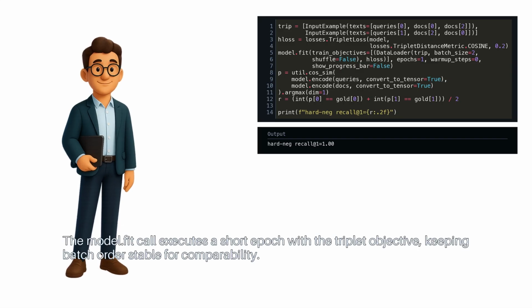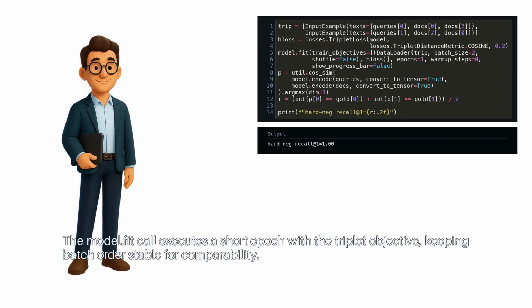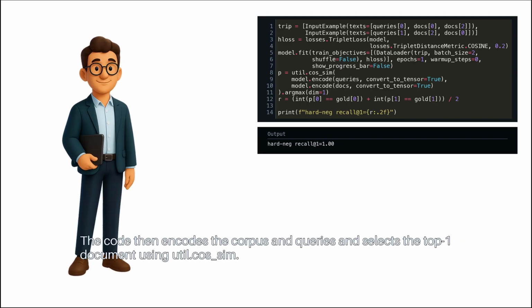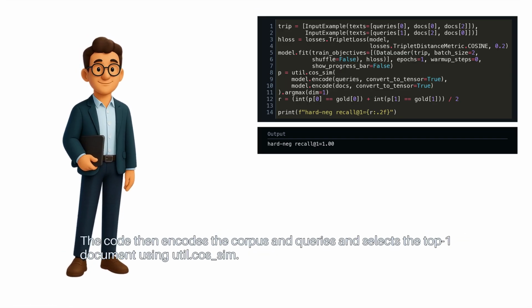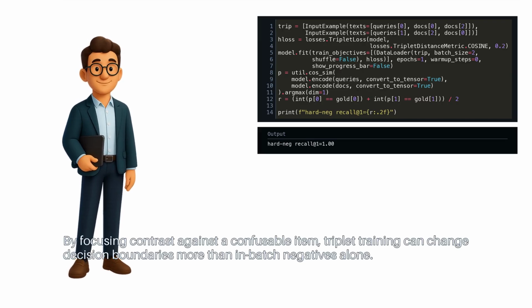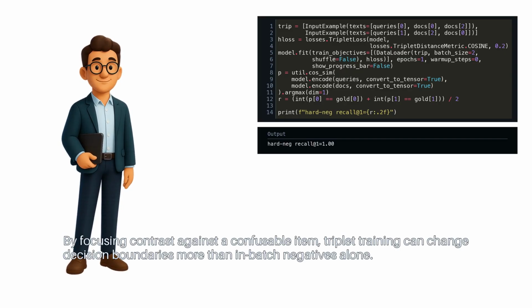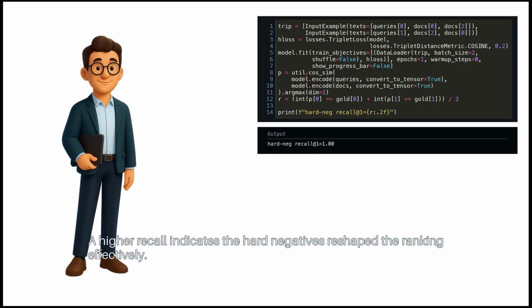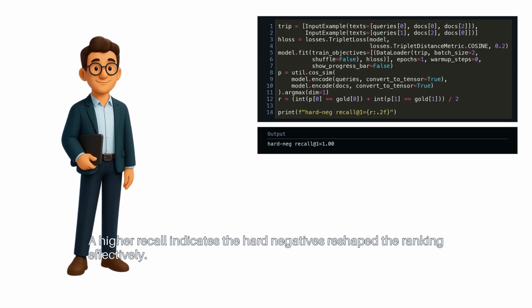The model.fit call executes a short epoch with the triplet objective, keeping batch orders stable for comparability. The code then encodes the corpus and queries and selects the top one document using util.cos_sim. By focusing contrast against a confusable item, triplet training can change decision boundaries more than in-batch negatives alone. A higher recall indicates the hard negatives reshaped the ranking effectively.